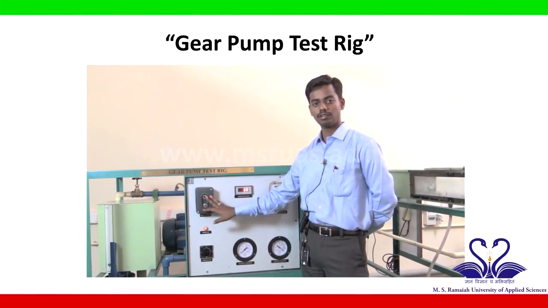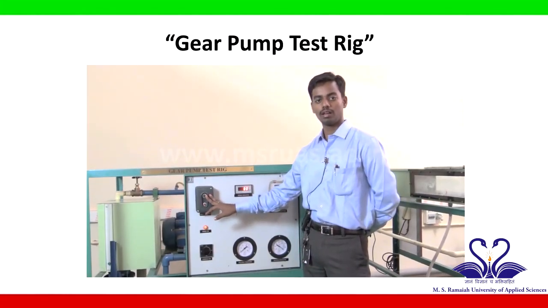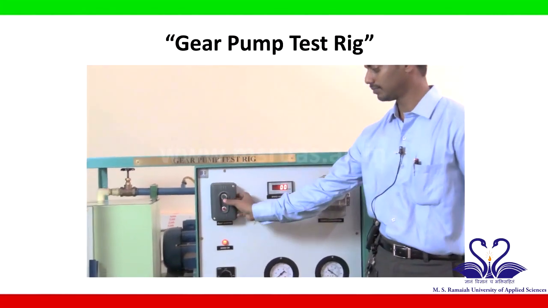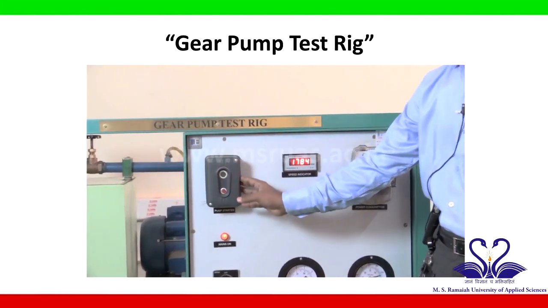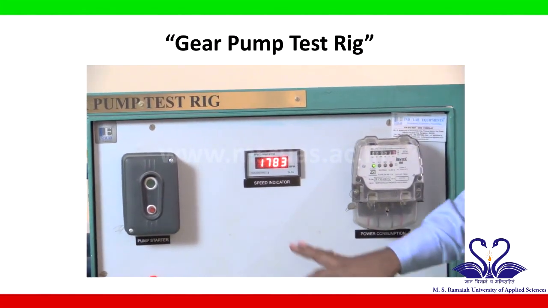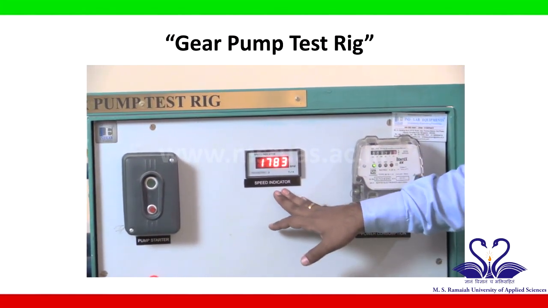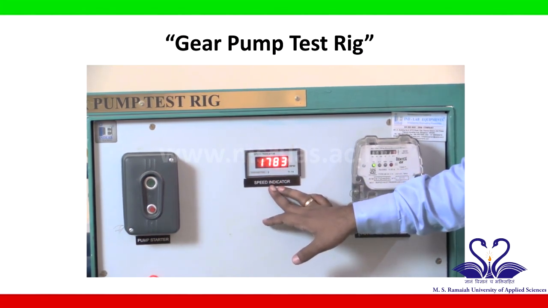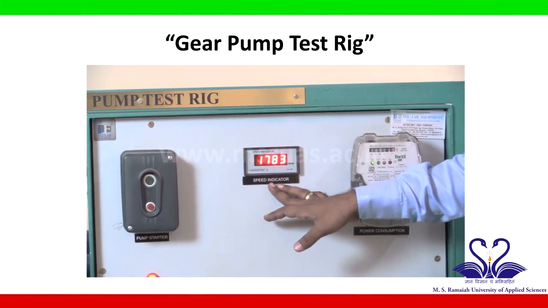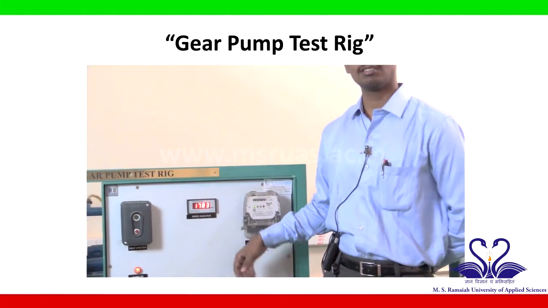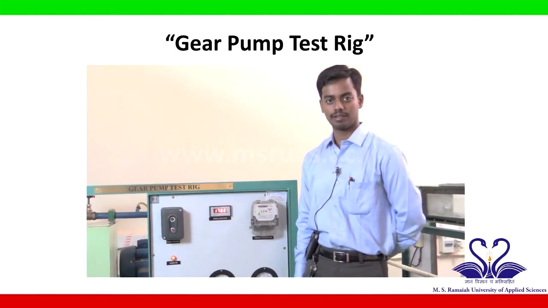Now the belt has been shifted to a lower speed for the gear pump. Now let us start the pump and then check for the speed. We can see that the speed has reduced from around 2300 to about 1780 rpm. The same set of procedure will be repeated for this speed and the efficiency of the gear pump can be calculated.